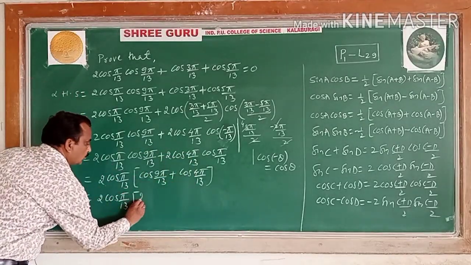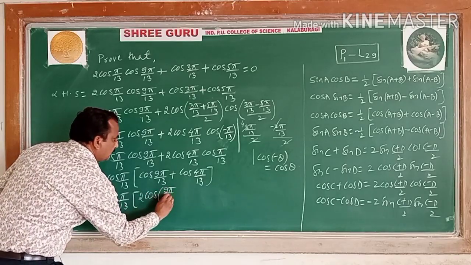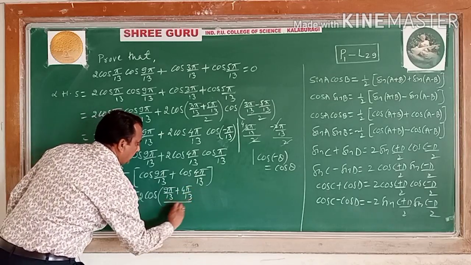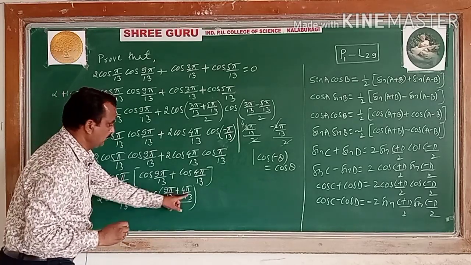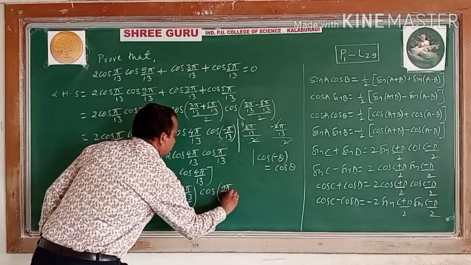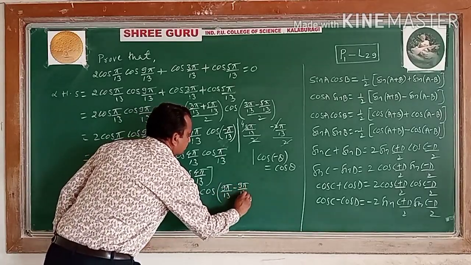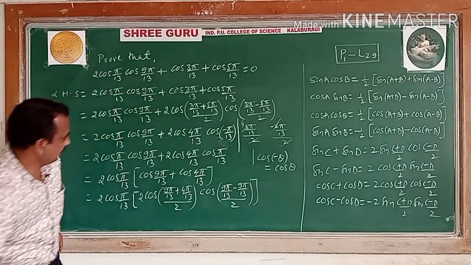See the students here. 2 cos of C plus D by 2, that is 9 pi by 13 plus 4 pi by 13 divided by 2, into cos of C minus D by 2.